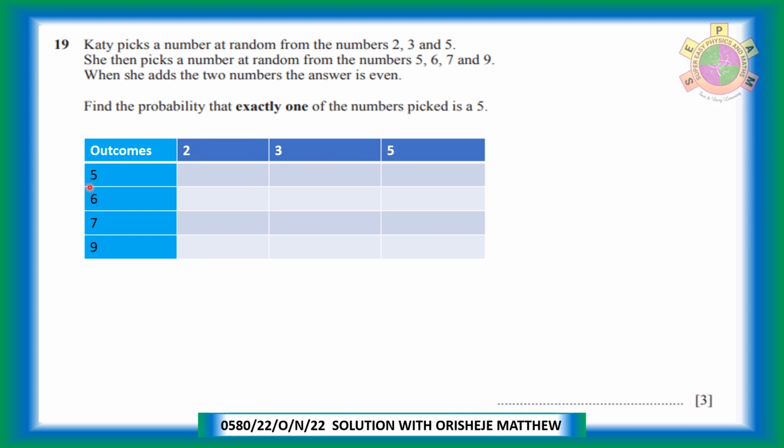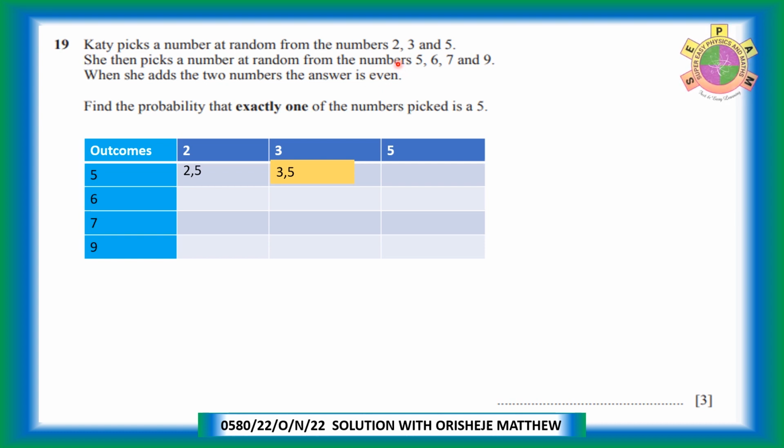Then the second one she picked from 5, 6, 7, and 9. She adds the two numbers. The answer is even. So let's add the two numbers. Assuming she gets the first one, she gets 2 and 5. Then the next one, she gets 3 and 5.